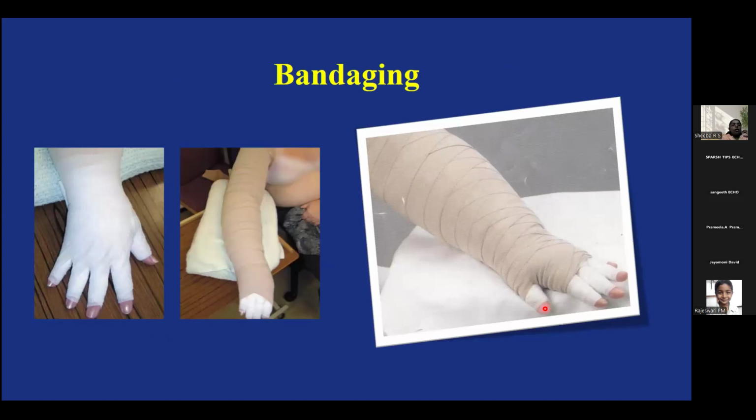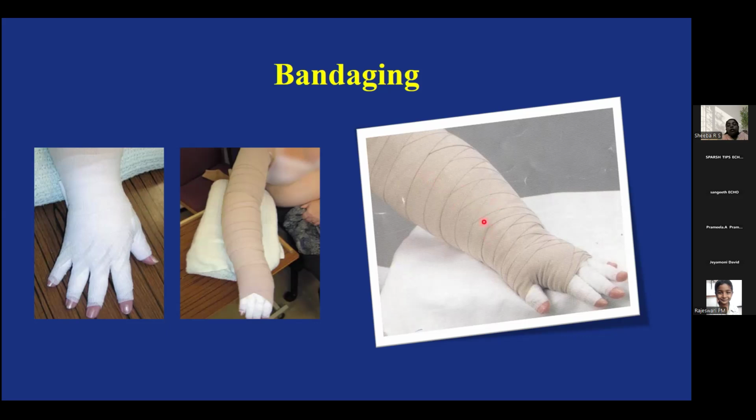The next management is bandaging. You have to give a spiral bandaging first, with 50% overlap. Usually after 2 weeks you have to tell them to come back for review. If they are able to tolerate the bandages, then you can move on to the figure of eight bandages.